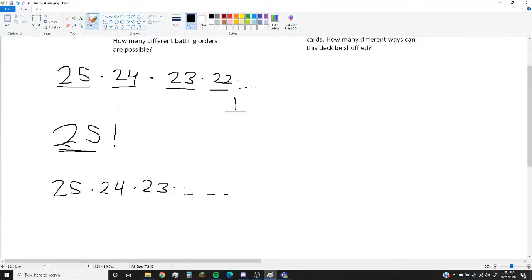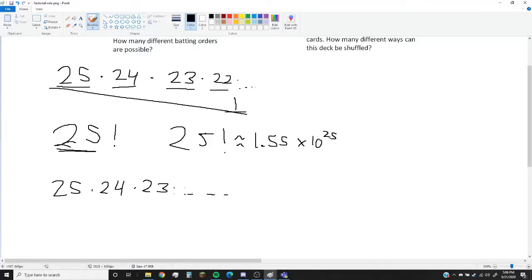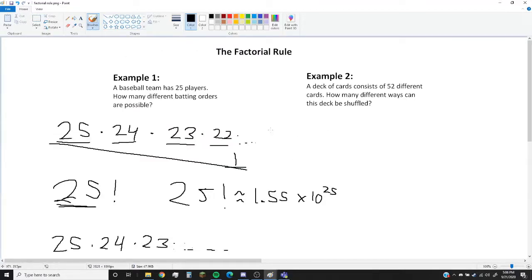So for this problem, because it's decreasing every time, the total number of outcomes here is just 25 factorial, which is a huge number. It's about 1.55 times 10 to the 25th, which is just massive. That kind of puts into perspective how many different options we've got here.